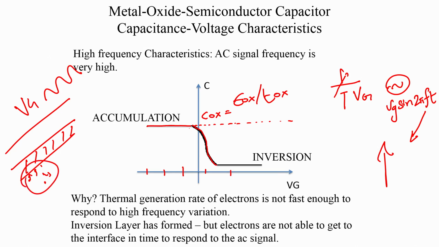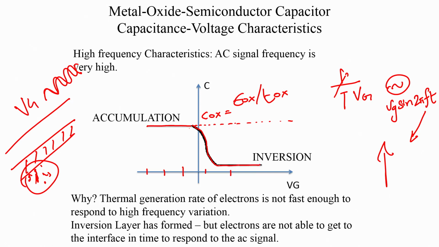That is the response we are trying to measure, that is the small signal capacitance, and this AC signal frequency is so large that this response cannot happen, this response is not seen. Okay. The thermal generation rate is too slow to match that AC signal response. So, although there is an inversion layer, this fluctuation in electron charge or the electron concentration does not happen, and therefore, the measurement device thinks that the MOS is still in depletion mode operation.